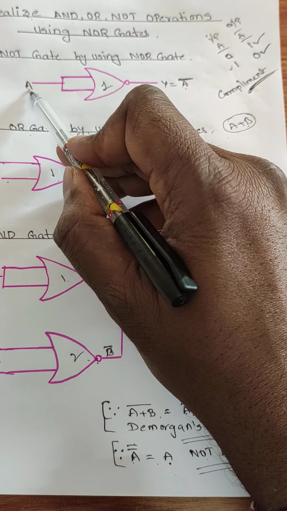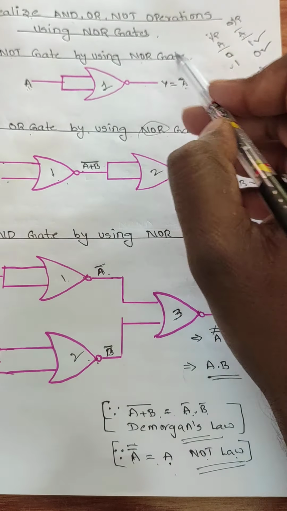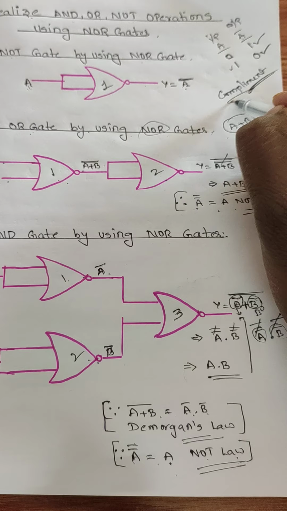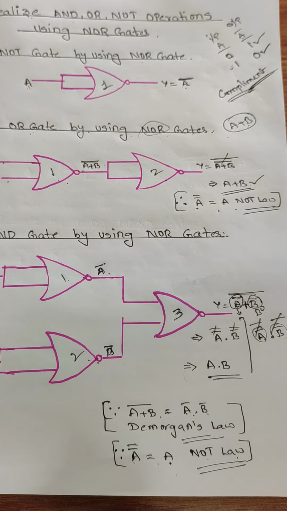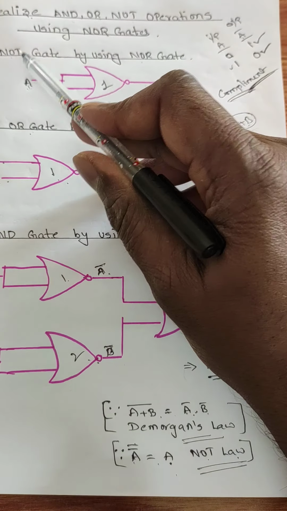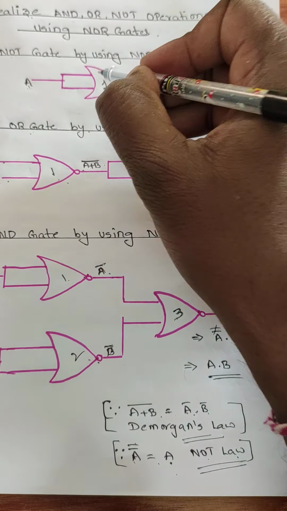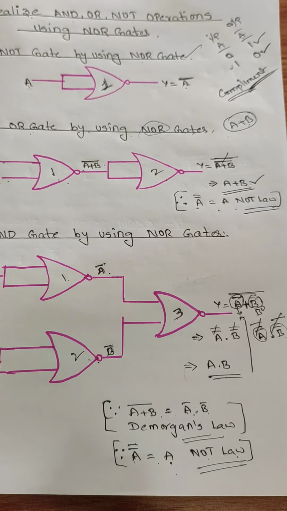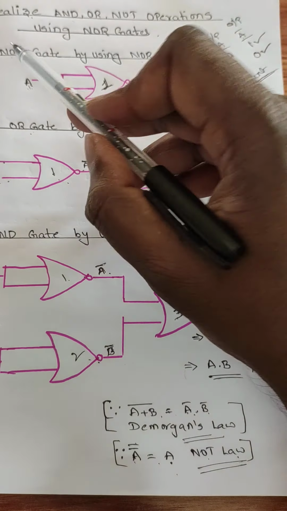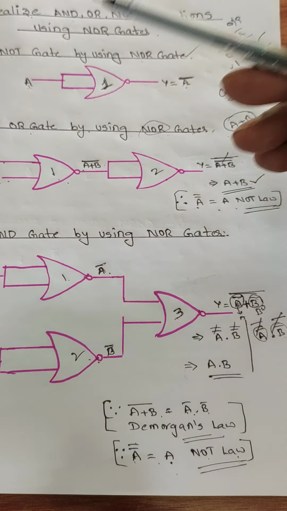The input is A, the output is A bar, which means complement, and you achieved the functionality of NOT operation by using NOR gate. Here only one NOR gate is required to construct the functionality of NOT gate.